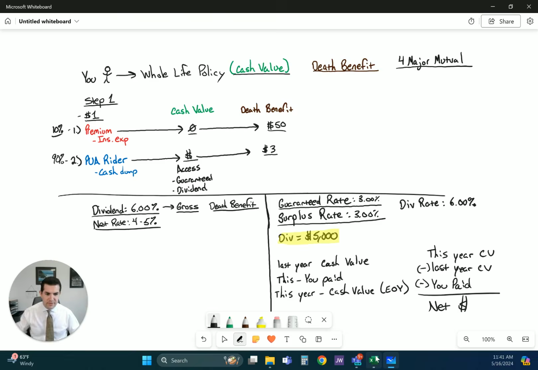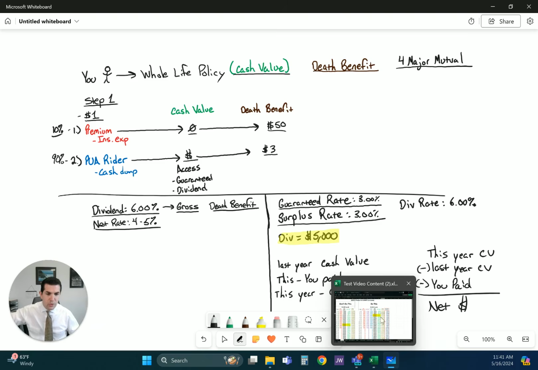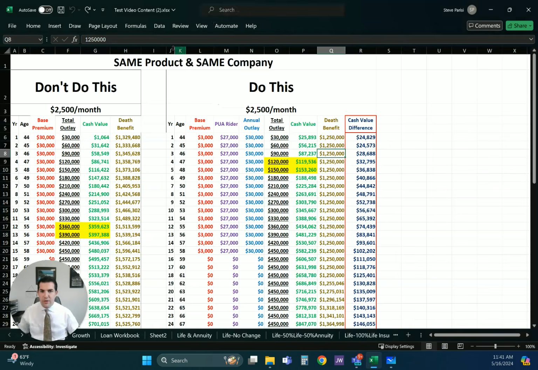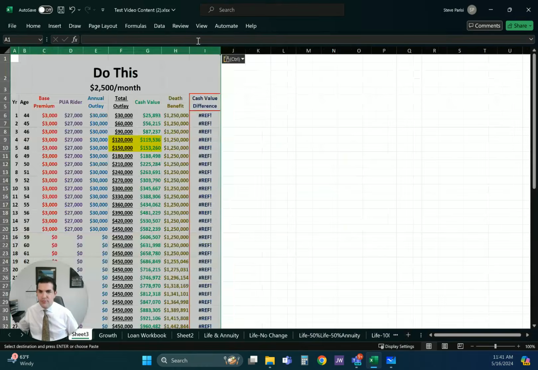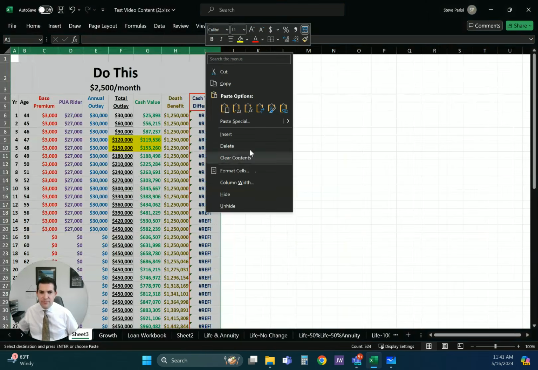Want to see an example of that? Let's take a look. So what I would do here, let's take the good policy, the good one, and we'll do this. And get rid of that column.